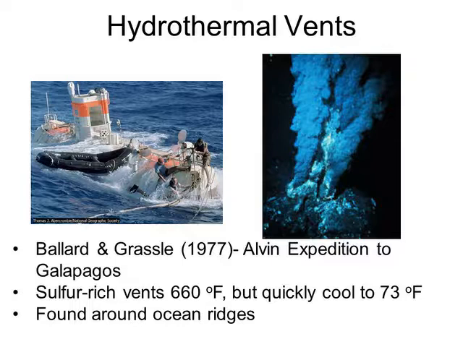In this example, the image on the right shows a black smoker, and that just means that the water that's coming out is rich in sulfur and iron and a lot of other chemicals as well. These particular vents can be very hot. As the name would suggest, hydrothermal, so water and heat. So these basically pump out very hot water.